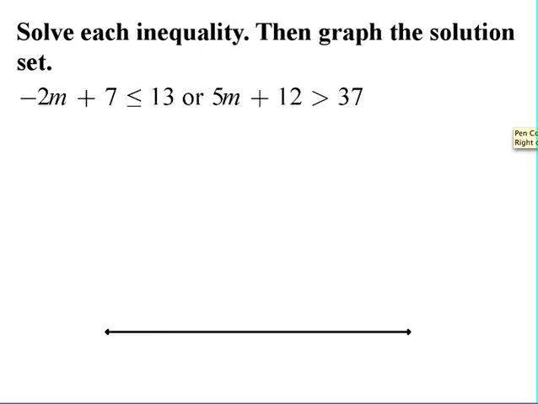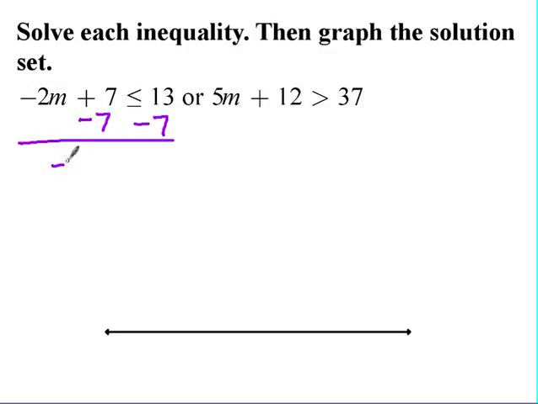Okay, solve each inequality, graph the solution set. -2m plus 7 is less than or equal to 13, or 5m plus 12 is greater than 37. Now notice, these 2 inequalities are a little more in depth. They're going to take a little more work to solve. What am I going to do first here? Subtract 7.